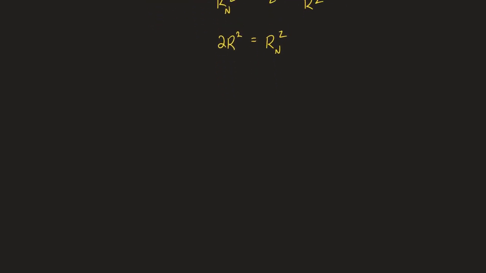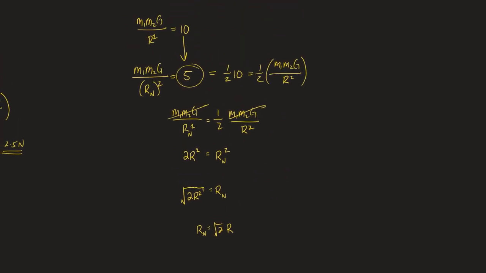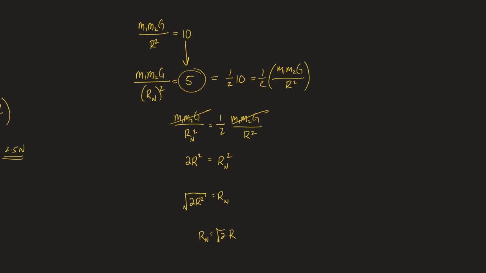And then take the square root of both sides. This is a method for how to do this. Again, this works best if there's an easy way to convert that number to the other number.